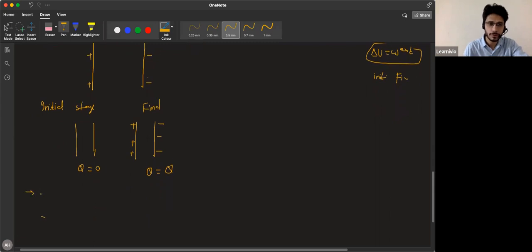So this is the process through which we will do this derivation.